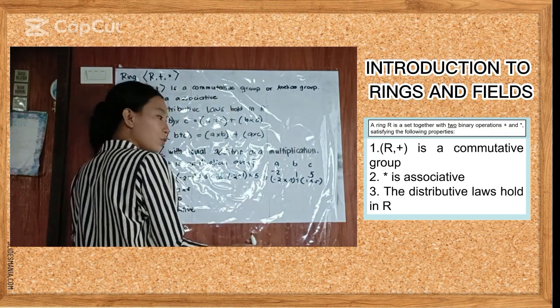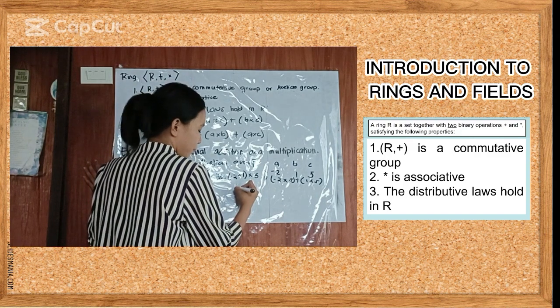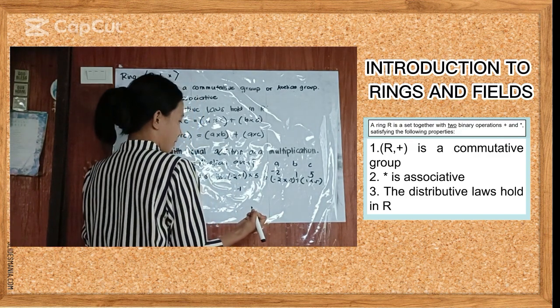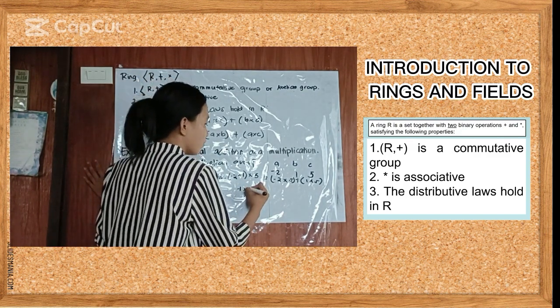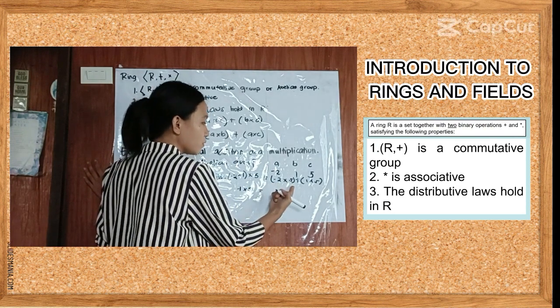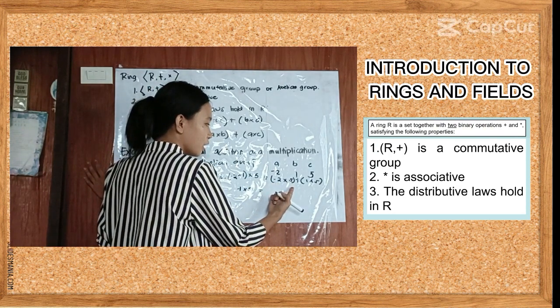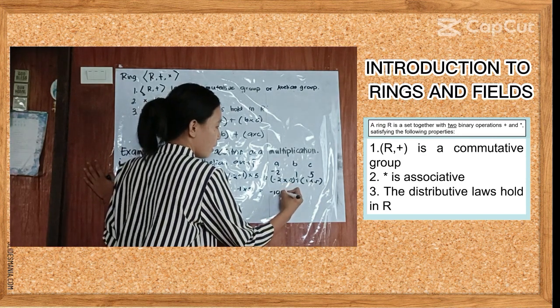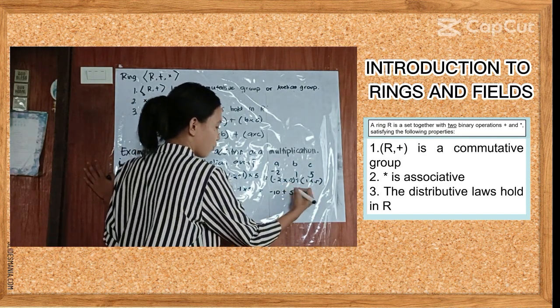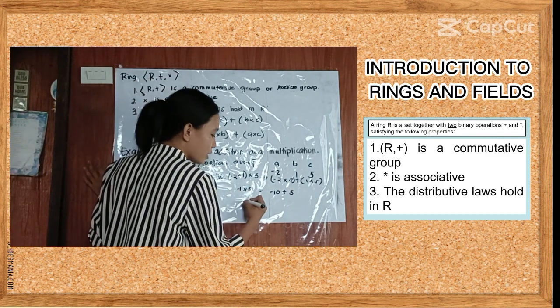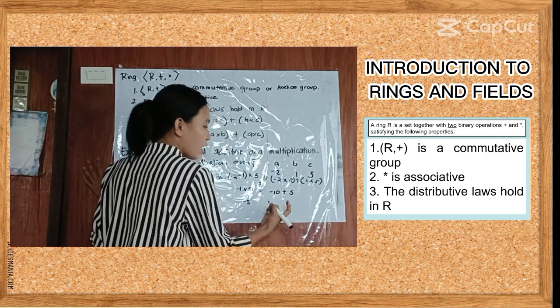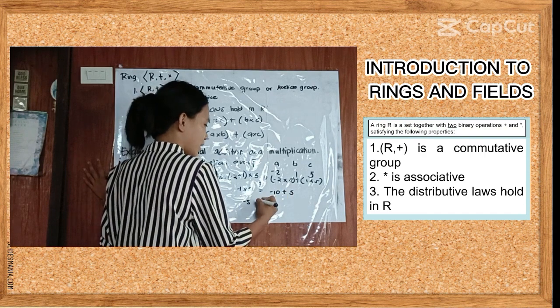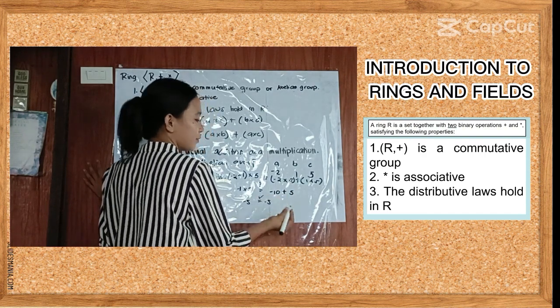We have -2 plus 1 is -1 times 5, which is -5. And -2 times 5 is -10 plus 1 times 5 is 5, so -10 plus 5 is -5.